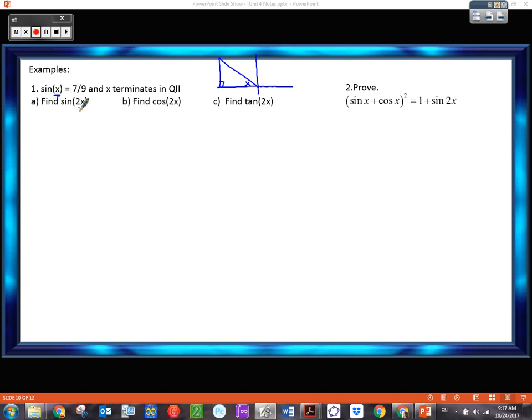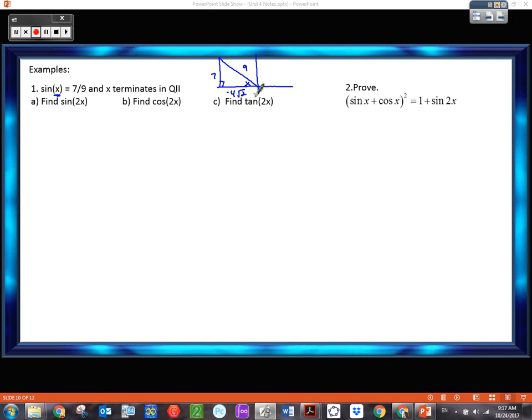We know sine is opposite over hypotenuse. We use our Pythagorean theorem to come up with the third side, which simplifies to be 4√2. We know it's negative because it's the x value in the second quadrant. So now we have the triangle that we're going to use to find the things they want us to.